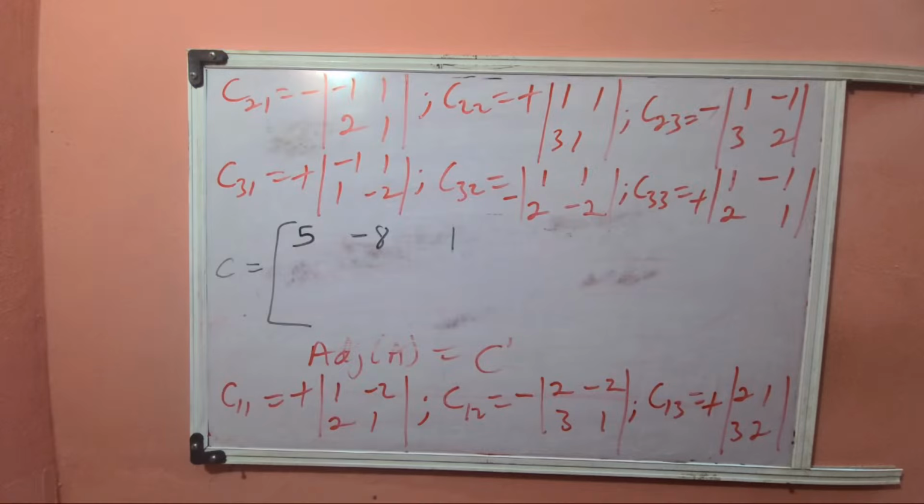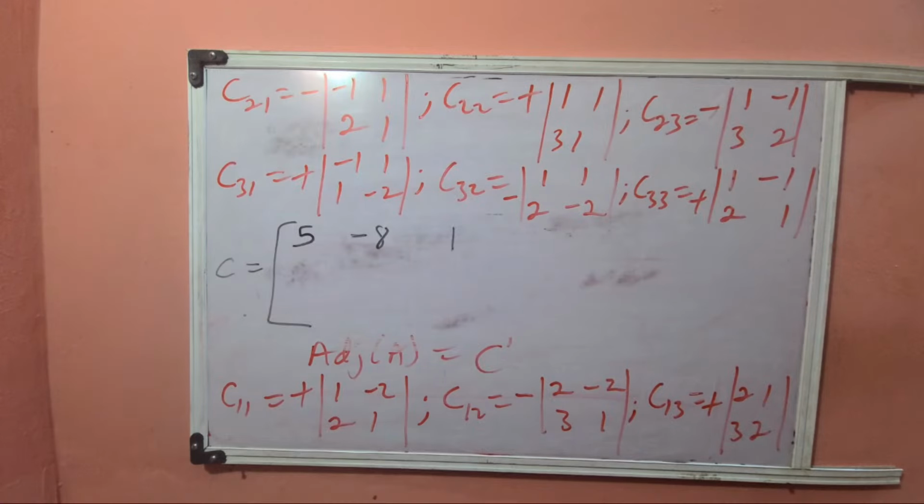Somebody said for C33, is it minus 2? I can't see what the person said again. Please confirm that. He said for C33, it's supposed to be 1 minus 1, 2 and 1. I think that's correct.